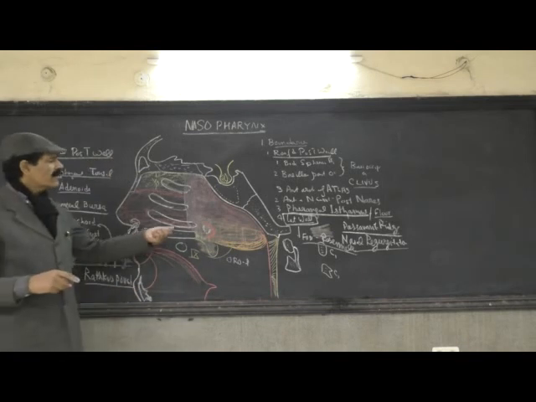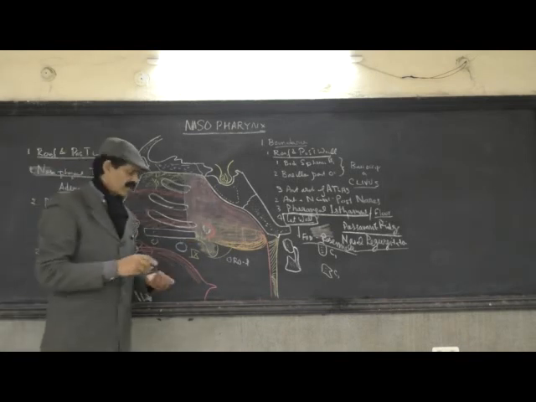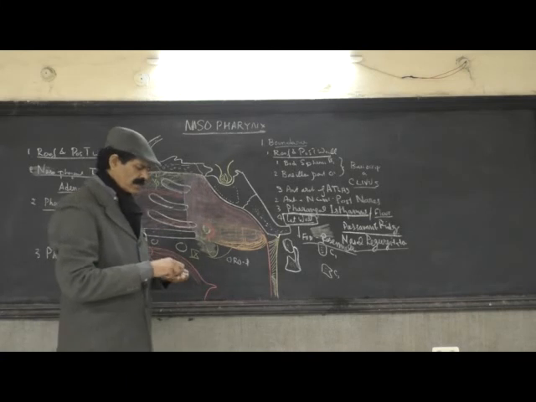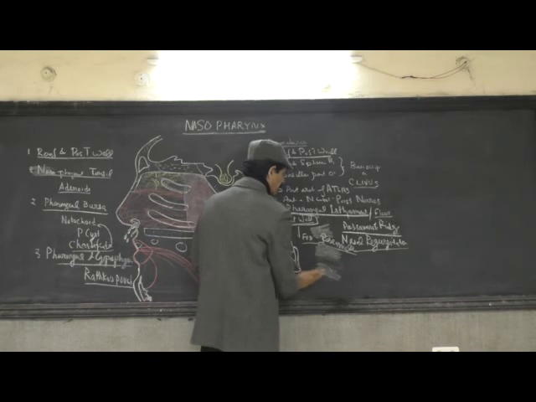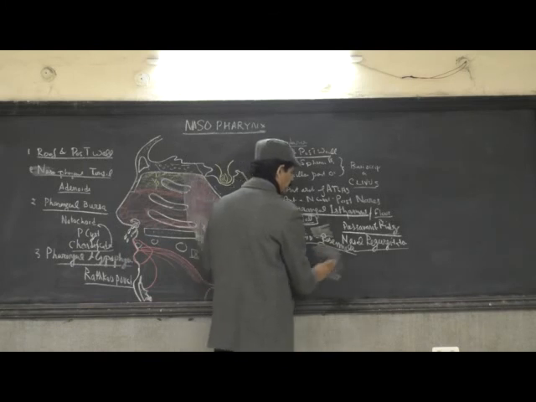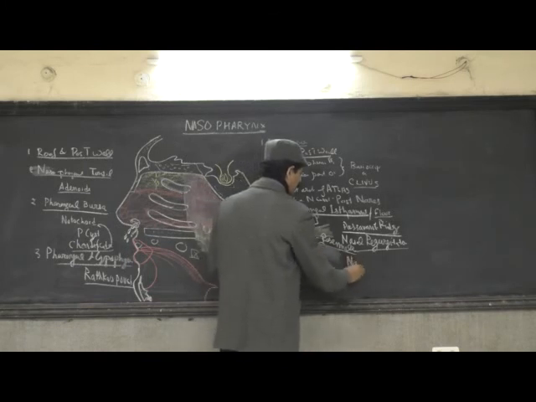The drawback of this fossa of Rosenmuller arises during the introduction of a nasogastric tube.